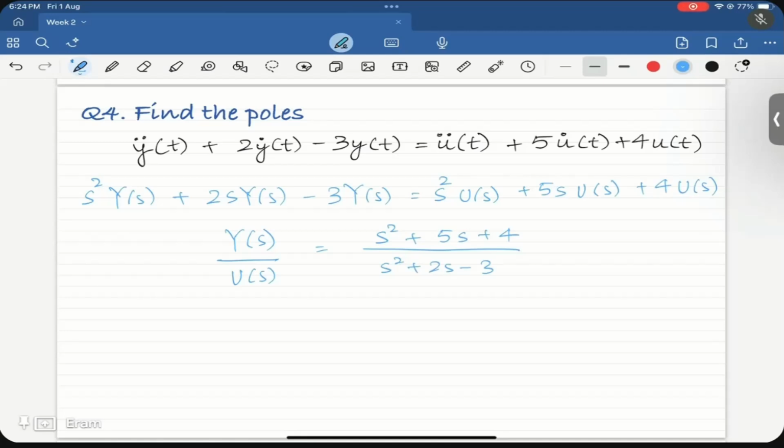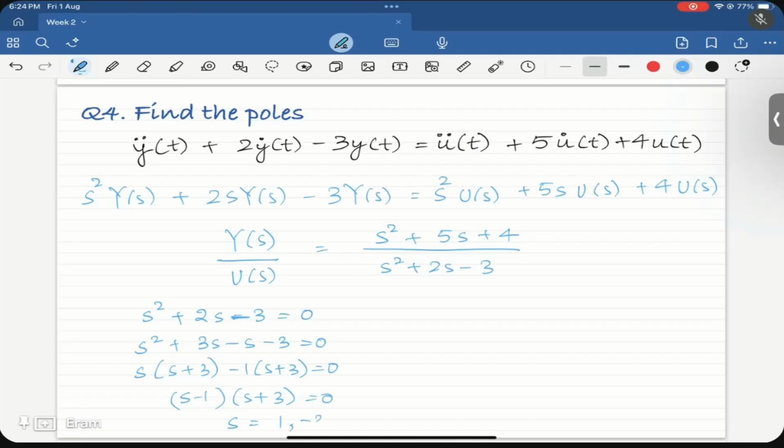Okay, so to find out the poles, we have to solve for denominator equals 0, and then we can write it as s square plus 3s minus s minus 3. Then we can take common, so (s minus 1) and (s plus 3) equals 0. So poles are s equals 1, minus 3, right?